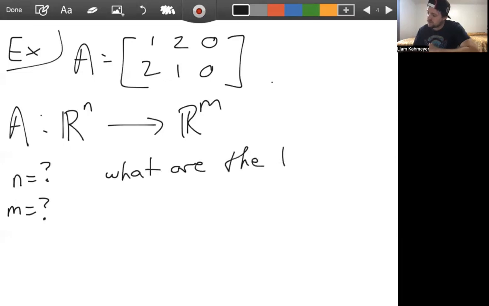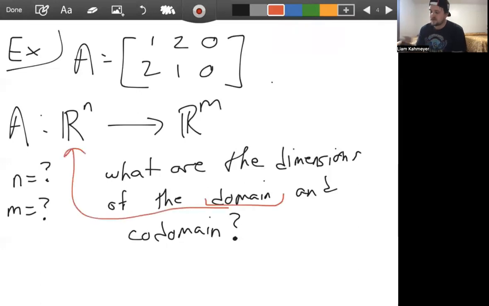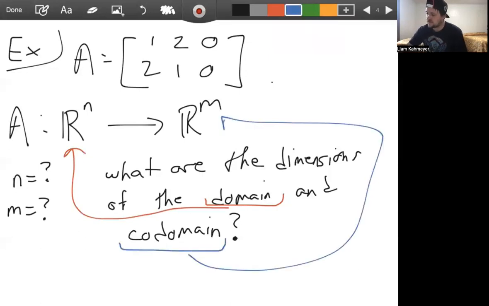what are the dimensions of the domain and codomain, right? Because the domain, remember, is the source. It's the vectors that are going to be transformed. And the codomain is the target.